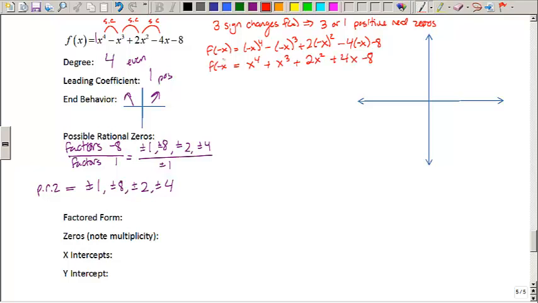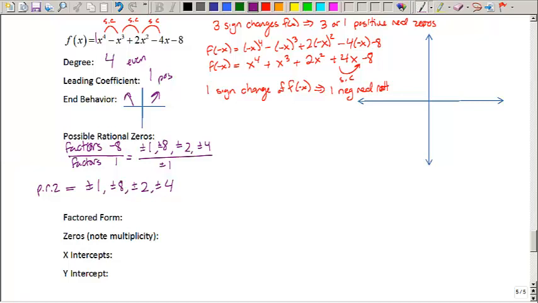So once I've evaluated f of negative x, it looks like I have only one sign change. So one sign change of f of negative x tells me that I only have one possible negative real root. So I either have 1 or 3 positive real roots, and I only have 1 negative.